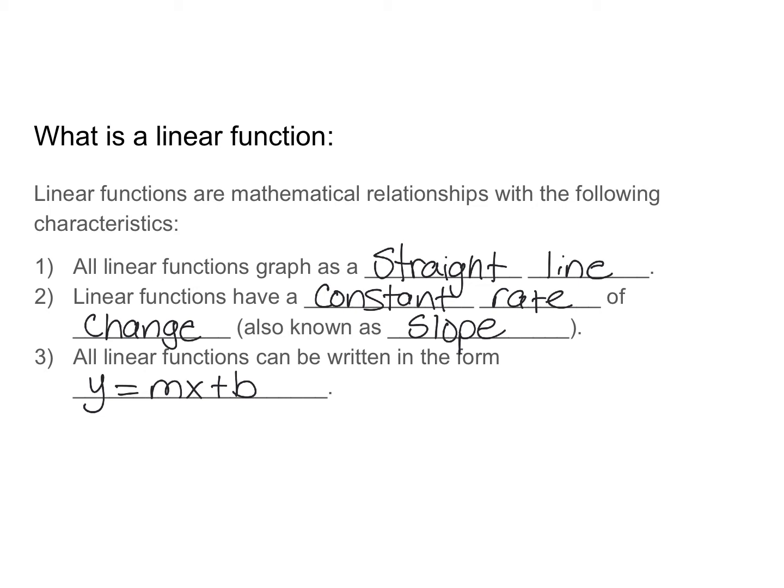That's called slope-intercept form. A lot of times we'll see them in a different form. Sometimes you're going to also see them in what's called standard form, and that looks like ax plus by equals c. So that's where your x and your y are on the same side, and you have a constant term on the end. Both of those would be considered linear. So whether it's in slope-intercept form or standard form, this is slope-intercept.